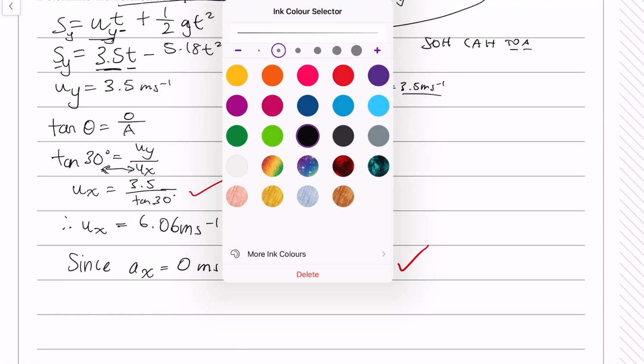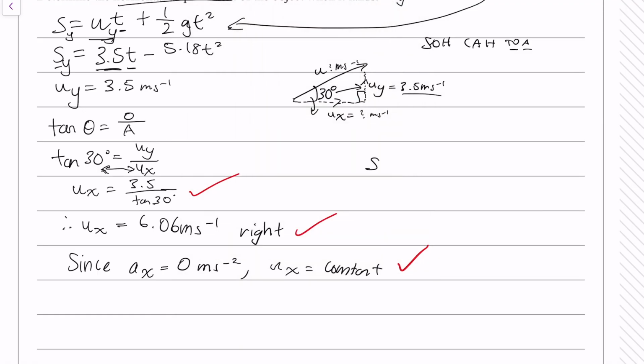So that's another reason why I wanted to emphasize this formula, because we need to write down a fact about a, lowercase a, that a in terms of the x component is going to be assumed to be 0, that there's no acceleration.